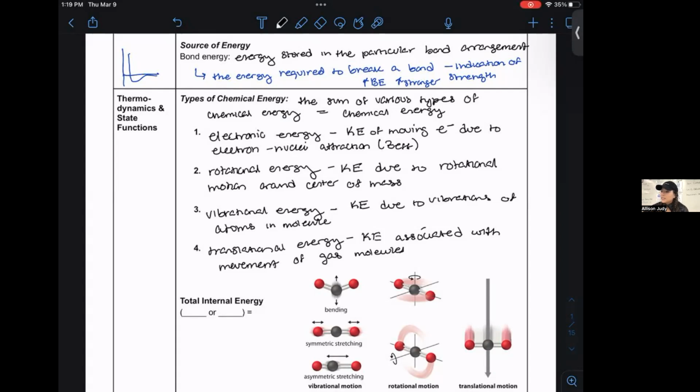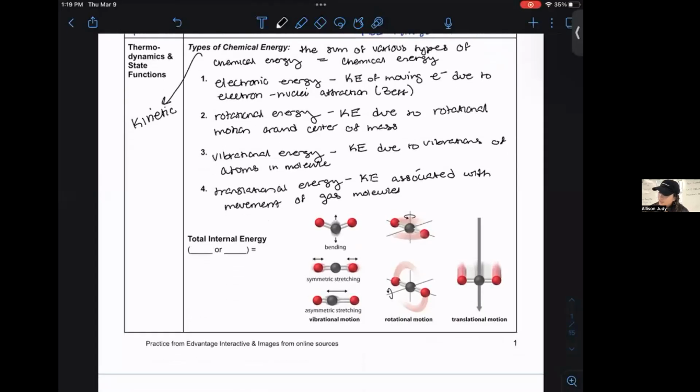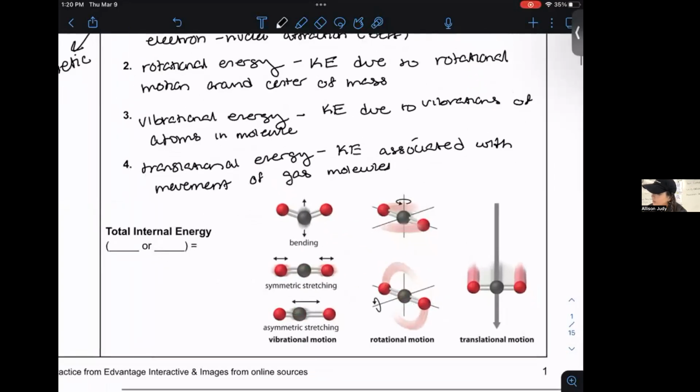So let me clarify something. We have bond energy, which is the potential chemical energy, right? And then you have these kinetic chemical energies, okay? So these are all kinetic based. What we would then say is, we have all these types of chemical energy, potential and kinetic, and here's a little diagram.